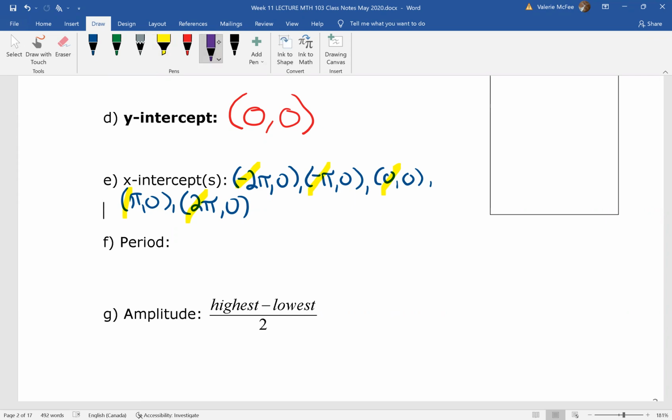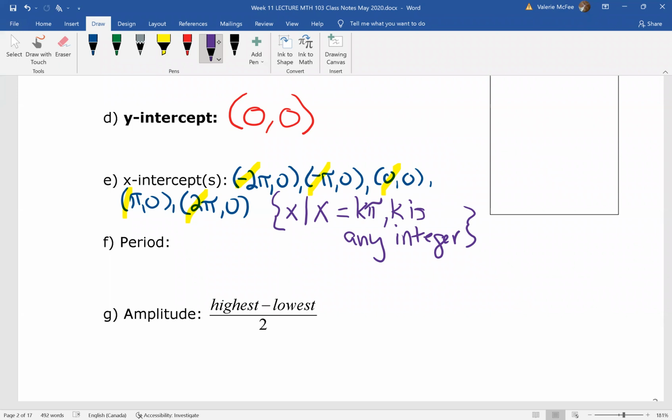So we can say that our set of x-intercepts is the set of all numbers x such that x equals k times pi, where k is any integer. We're multiplying by integers, -2, -1, 0, 1, 2. We're not multiplying by fractions.